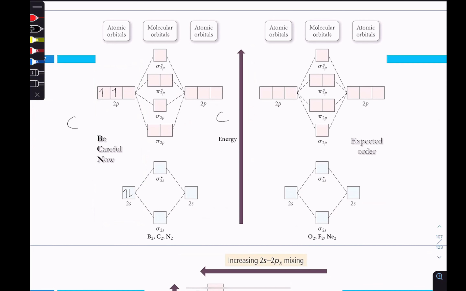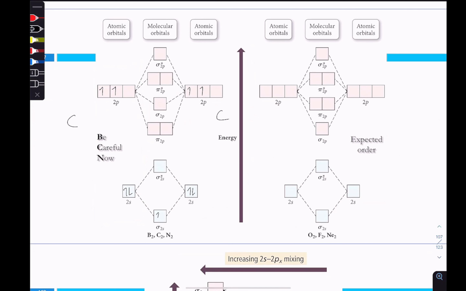There's 2 in the 2s and 2 in the 2p on the right side. And then the same over here, because that's what homonuclear means: 2 of the same nuclei, 2 of the same atom. Okay, so now our sigma electrons, 2s electrons, 1, 2, 3, 4. And then for the 2p, 1, 2, 3, 4.